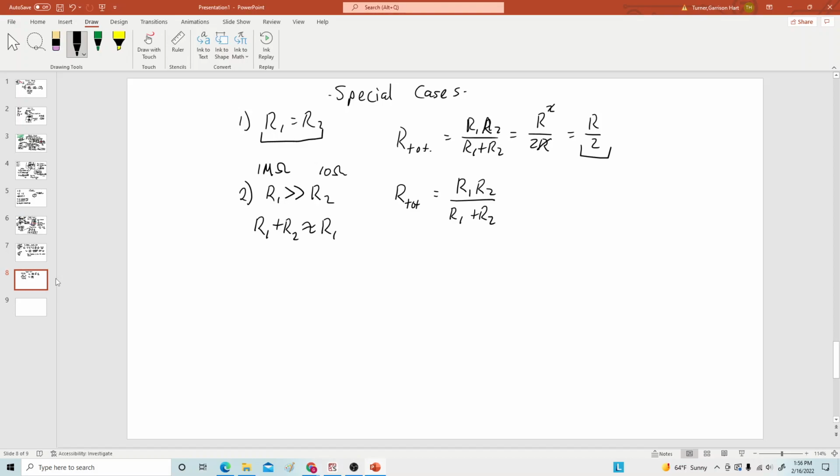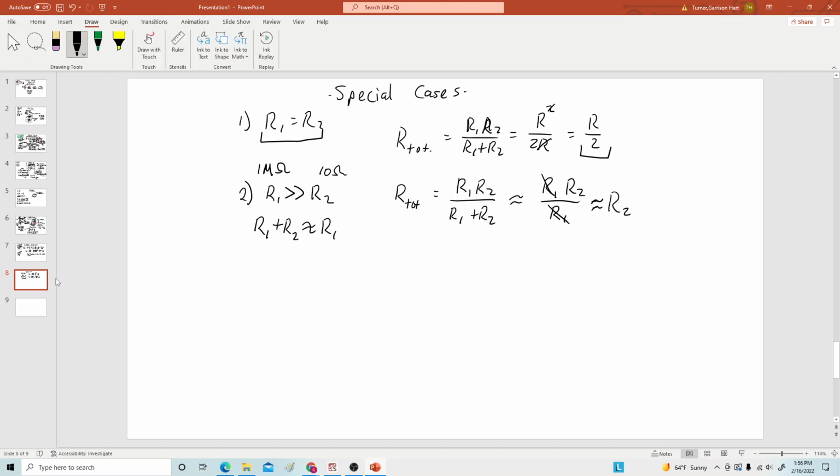So this is approximately going to be R1 times R2 over R1. And R1 cancels out, and I'm left with R2. My equivalent resistance is very approximately equal to the value of the smaller resistor.